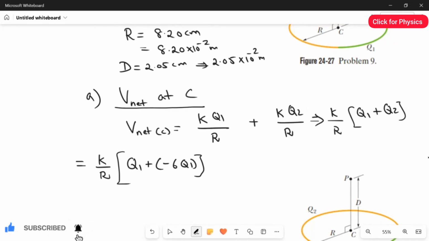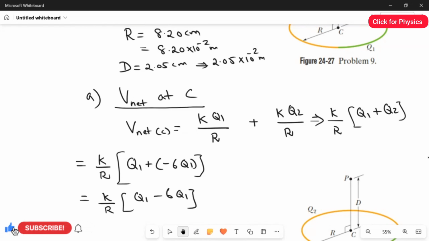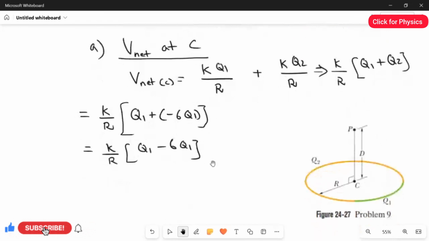That is equal to K over R, Q1 minus 6 Q1, right? Now we have Q1 and Q1, so 1 Q1 minus 6 Q1. So we have K over R, and inside the bracket we got minus 5 times Q1.